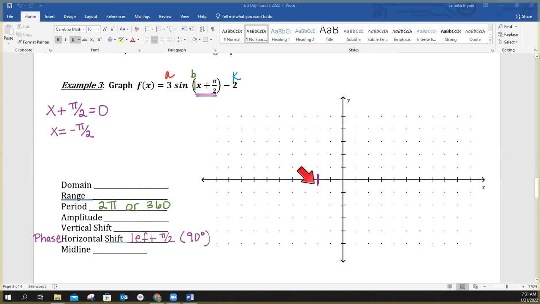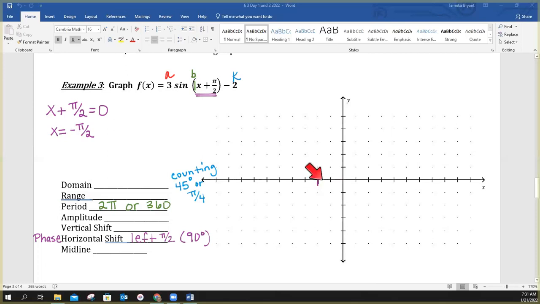So that means that if this is my start and I'm counting by 45s on my x-axis, that's how I am scaling it, and you can scale it any way you want to. But I am counting by 45 degrees, or pi over 4. So every single ticky mark on my graph, I'm counting it as 45 degrees.